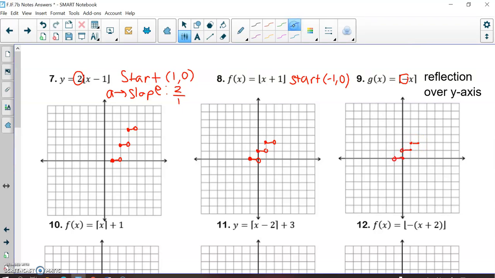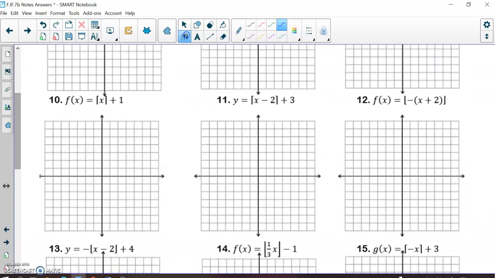What's going to happen when we do a reflection over the y-axis is all of these steps are going to reverse. So now it's actually going to become a floor function, like so. So all of these are going to flip over the y-axis, all those red steps. And I'm going to erase the red steps because that was my parent function. But that's really what happens as it reflects over the y-axis.